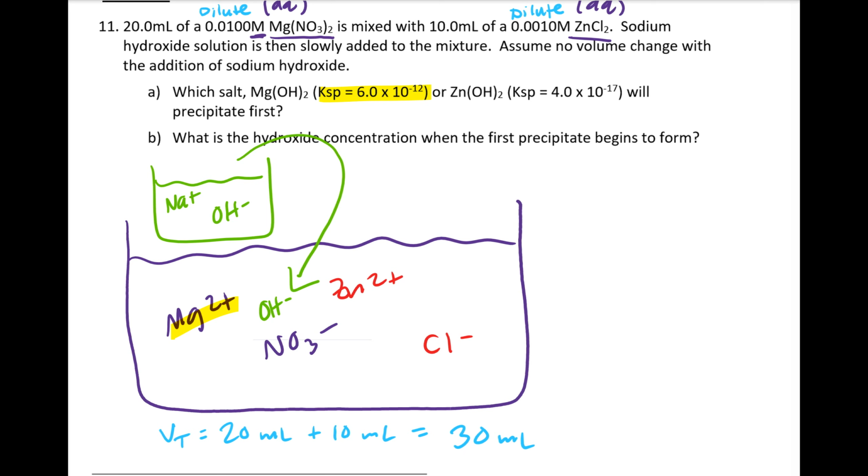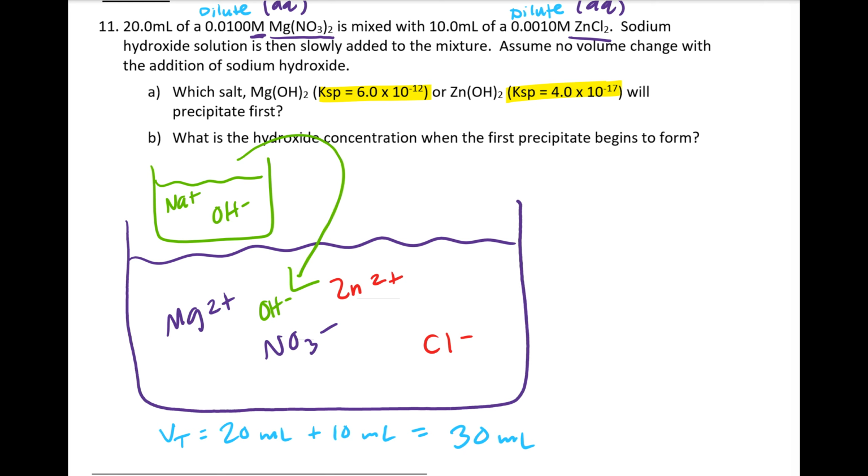Another possibility for hydroxide is that it's going to form a precipitate with the zinc 2+ ion, and its KSP value is 4.0 times 10 to the negative 17. Also pretty darn insoluble.